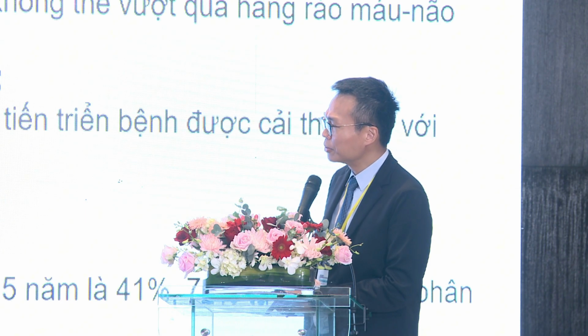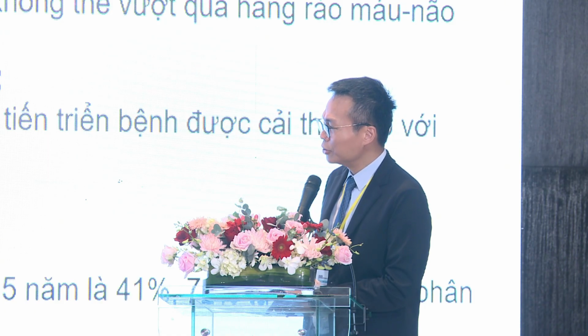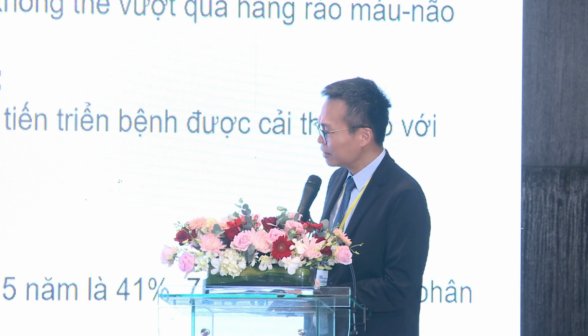The second subgroup is Sonic hedgehog. This is the most common medulloblastoma subtype, usually presents in kids under 5 years old, and has an overall survival rate of 80%. There is often a TP53 gene mutation in this subgroup, and the relapse usually comes at the surgical tumor bed.